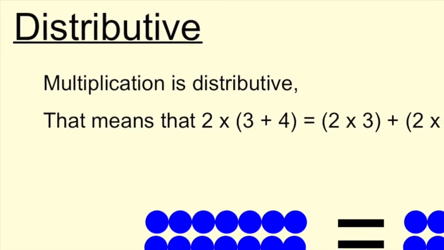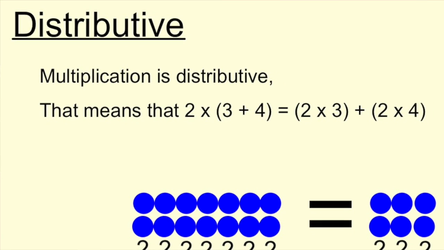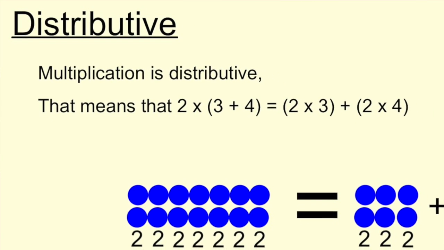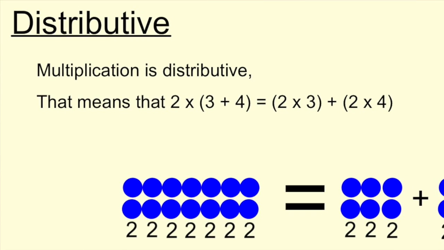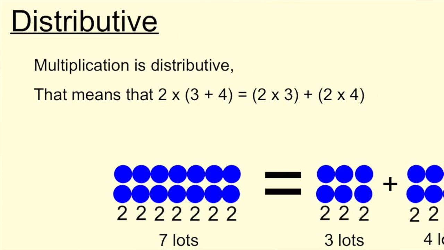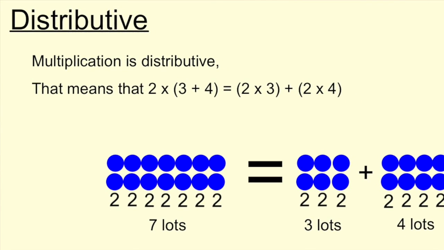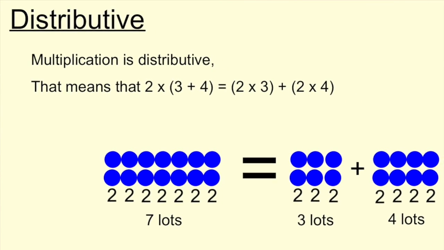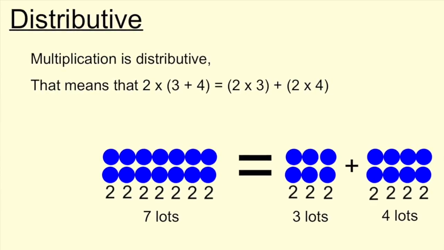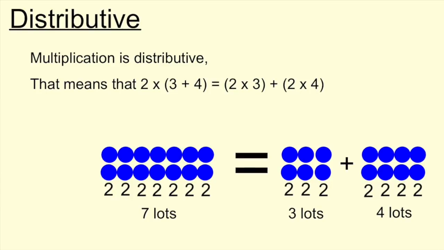So as you can see here, we have 2 times 3 add 4, which can be represented as 3 add 4 is 7, so 7 lots of 2. Or we can break it down and say that's 2, 3 lots of, add 2, 4 lots of, again giving us the same value of 14.